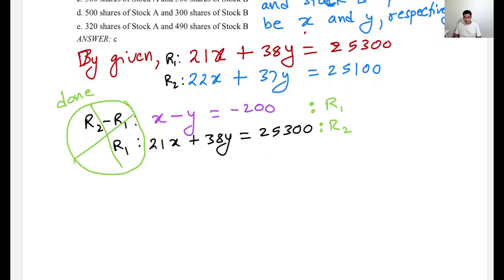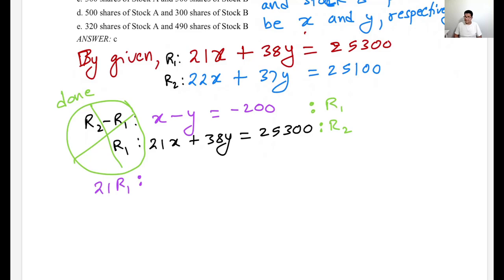Now in this new R1 and R2, how can I eliminate a variable? I will take the first row and multiply that with 21. You might wonder, we had 21x earlier, so why are we multiplying?